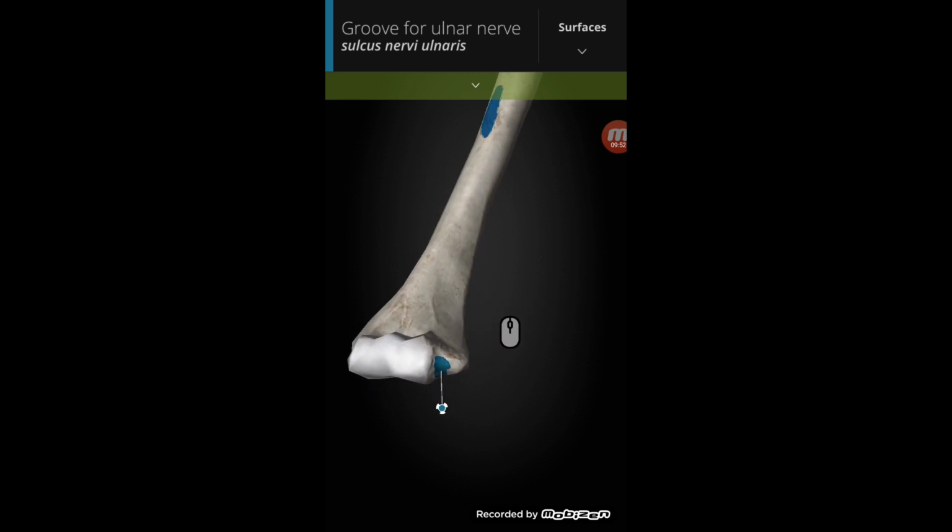You know that if the ulnar nerve is disturbed, not damaged, you sometimes get a tingling sensation. That tingling sensation is usually produced due to this ulnar nerve, which goes from posteriorly into the anterior compartment of the forearm.